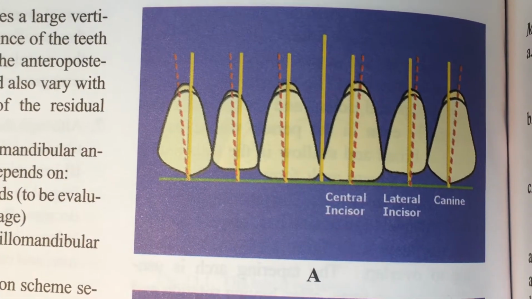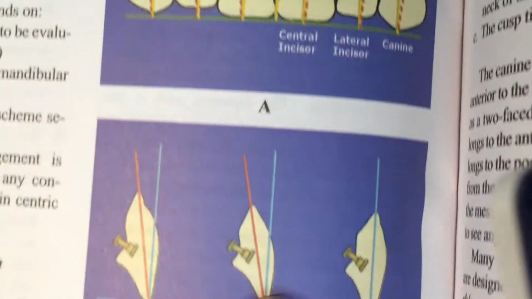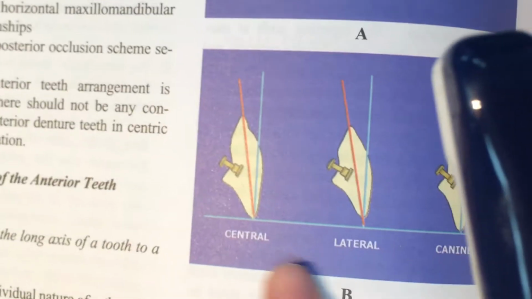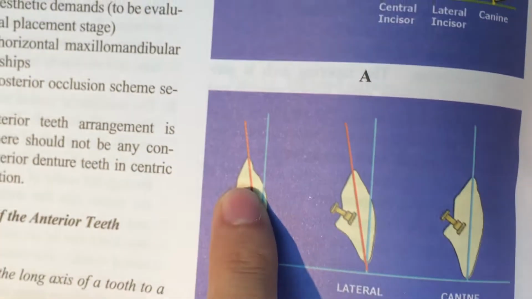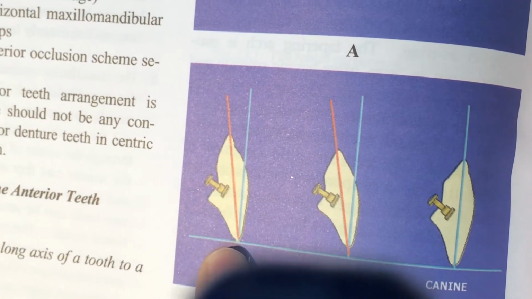Okay, have a look at that if you see it from the facial side. And if you see it from the proximal side, let's start from the central. The central, you can see, the neck is going a little bit in and the incisal edge is out.